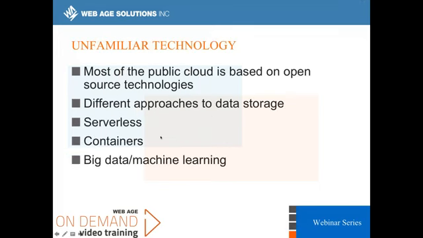When we talk about unfamiliar technologies, most of the cloud is based on open source technology. Remember when I talked about Bill Gates being a little bit bitter about the fact that people thought other companies were friendlier, whereas essentially Microsoft was giving away, or not taking back, all the value it was providing. Open source is actually the ultimate example of that.